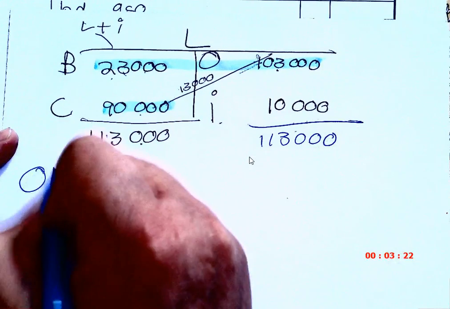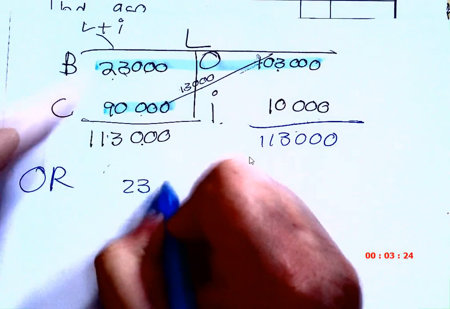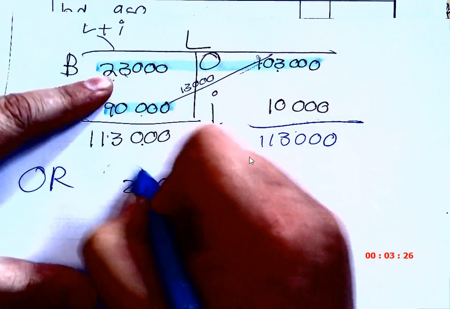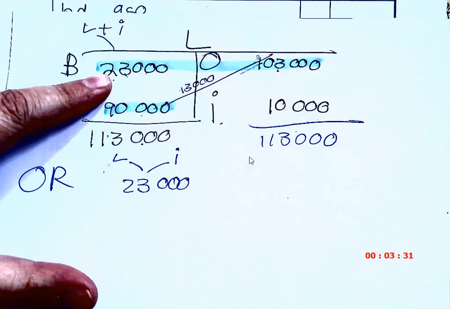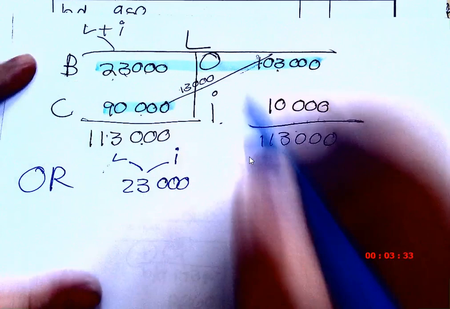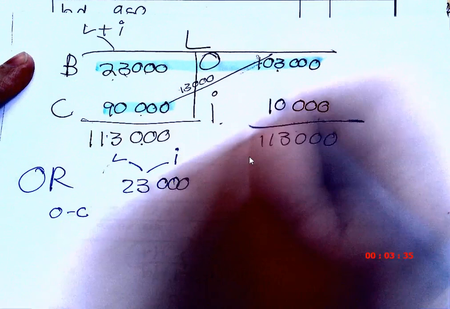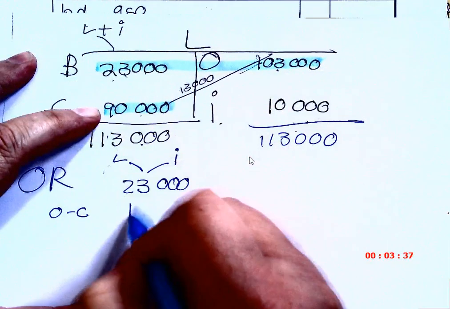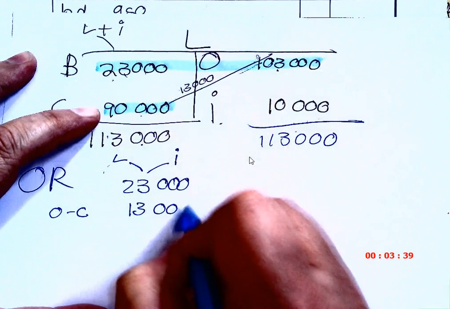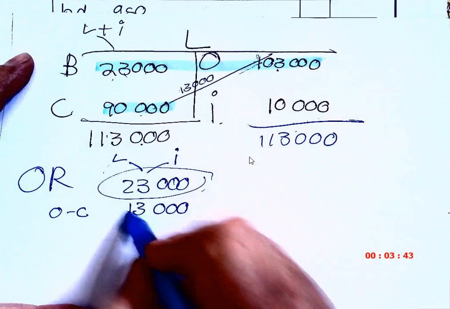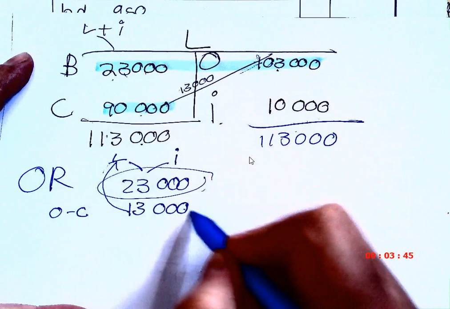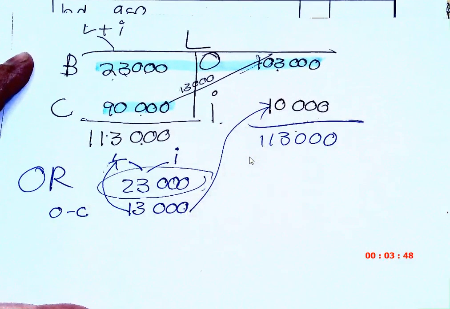Or that 23,000 consists of a payment on my loan and a payment on my interest. Now if I say the opening less the closing, can you see I paid back 13,000? Meaning, if I paid in total 23, 13 is for the loan, it means 10 is for the interest. You with me now? Okay.